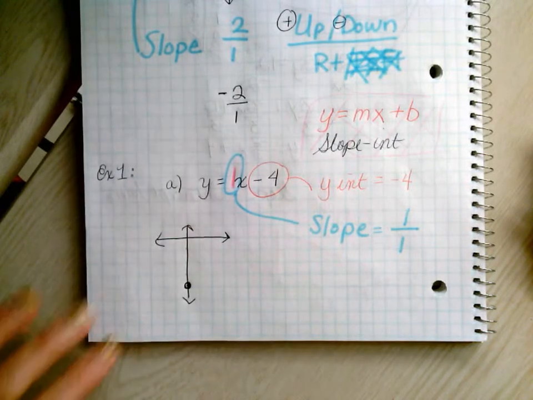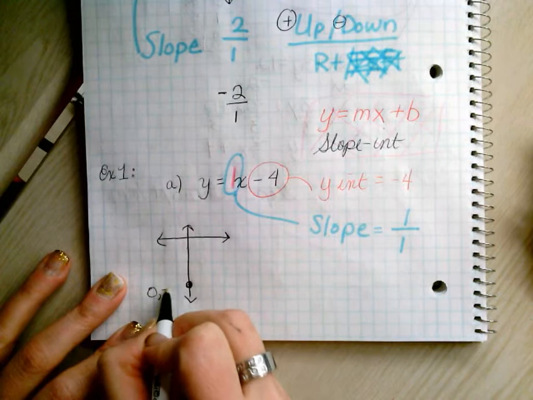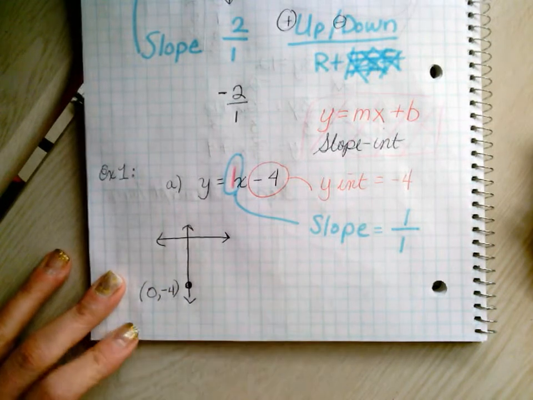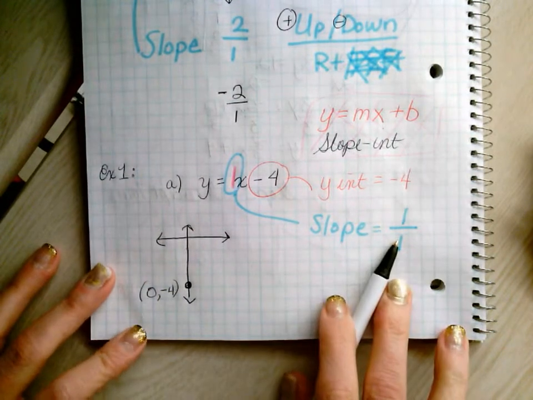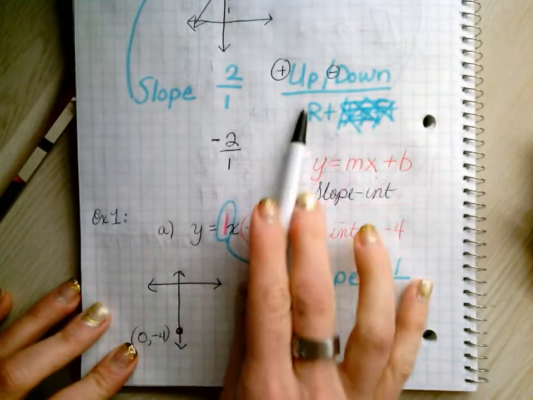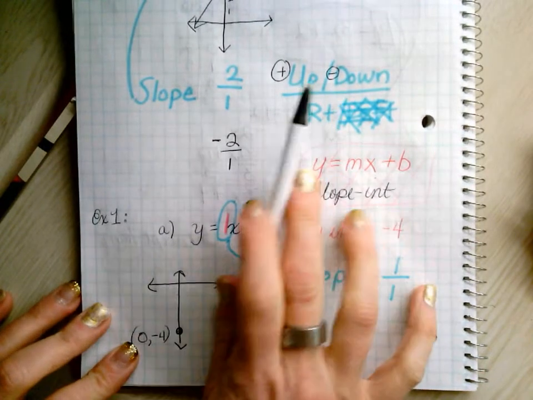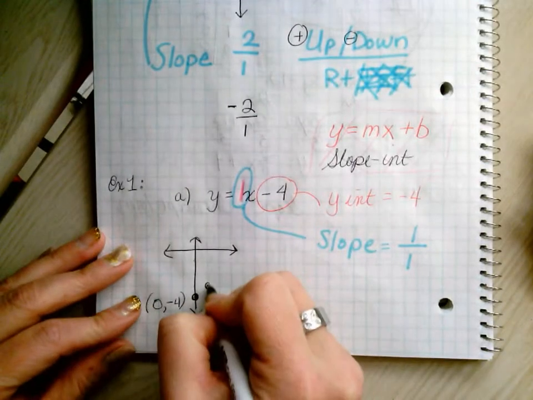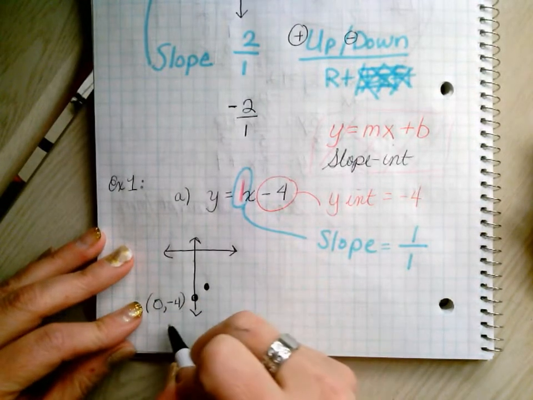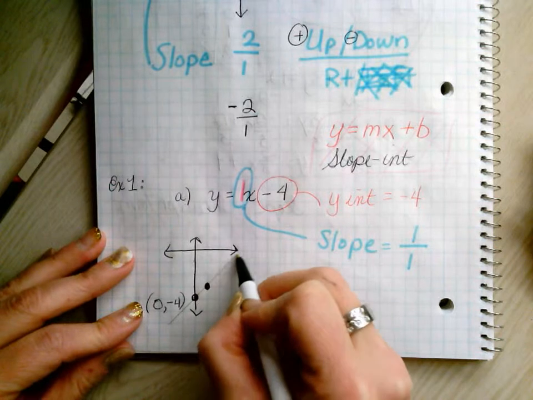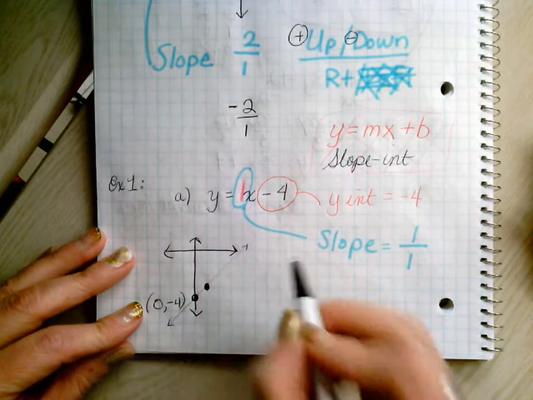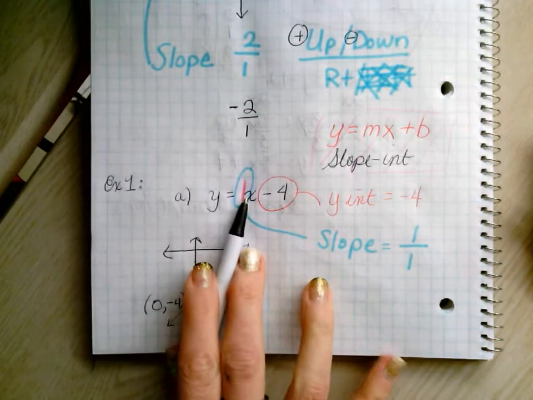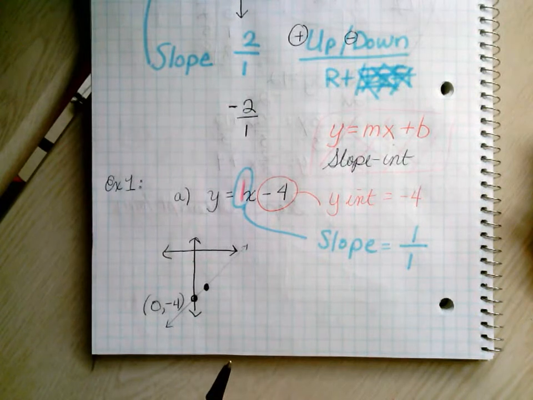There's my y-intercept, 0, negative 4. Slope is 1 over 1, which, if you remember, up if it's positive, down if it's negative. Up 1, right 1. Another point would lay right here. This line is a proper graph of that equation.